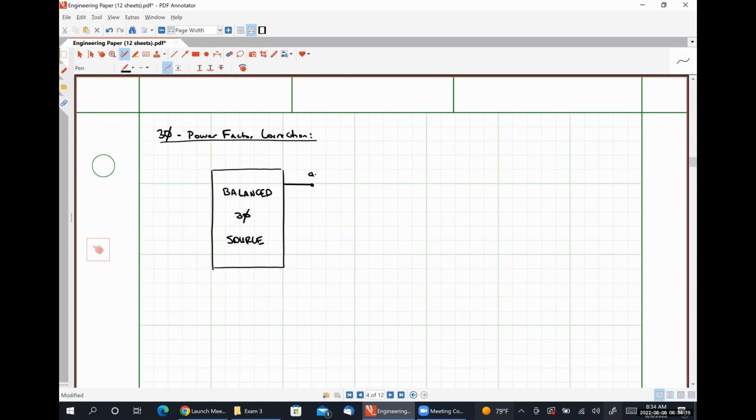This is going to be my A terminal, my B terminal, and my C terminal. And then over here, I'm going to have my capital A, capital B, and capital C terminals for my balanced three-phase load. And once again, it does not remotely matter if this is a Y-connected load or a delta-connected load.